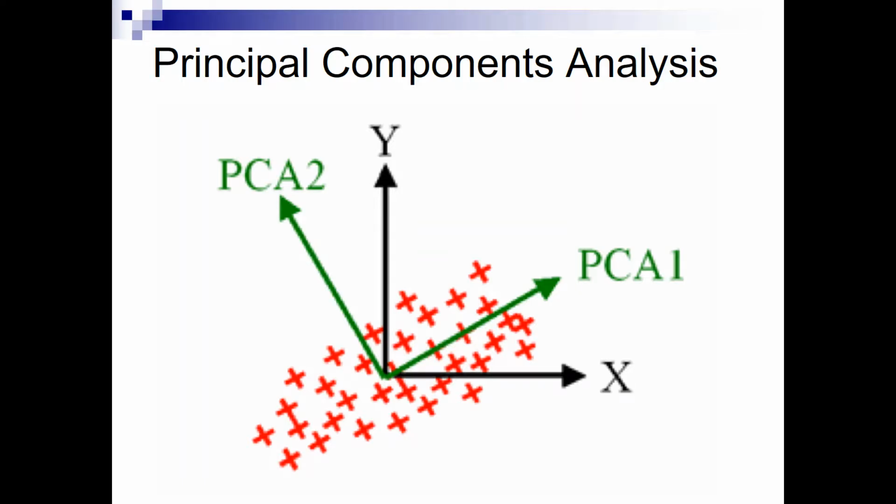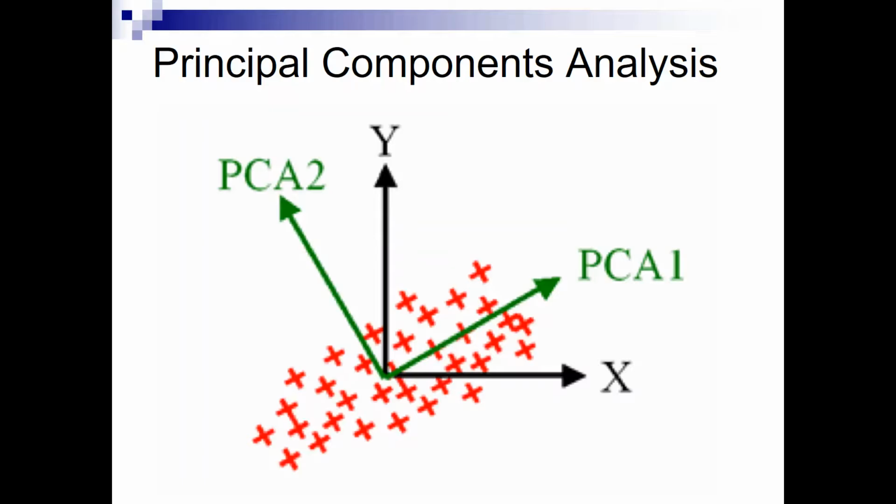So you could consider PCA1 and PCA2 as dimensions that replace the original X and Y. Now, we started out with 2 dimensions and we ended with 2 dimensions, but we could have started with any number of dimensions. The idea of a principal component analysis is that you're reducing down the dimensionality.